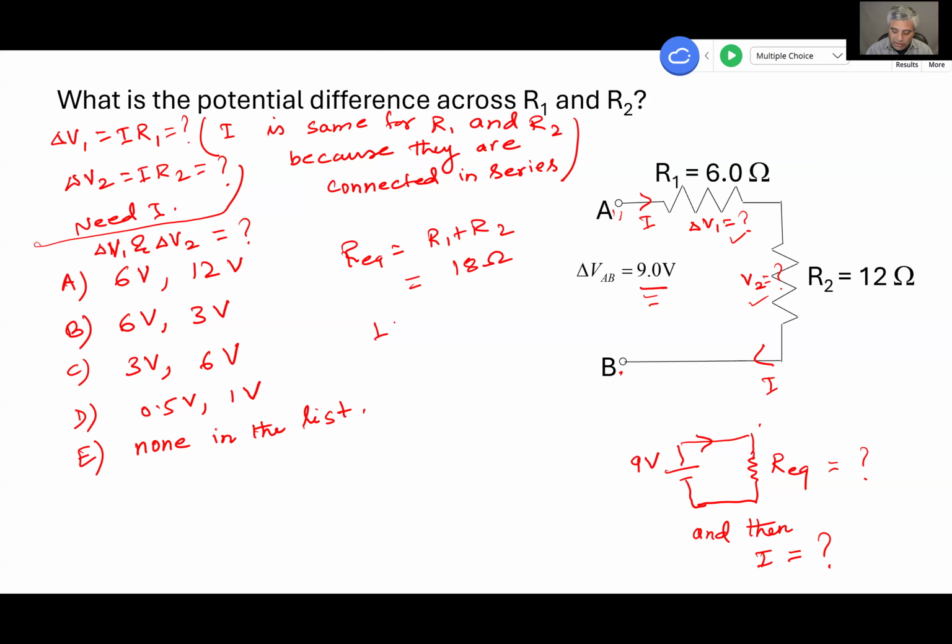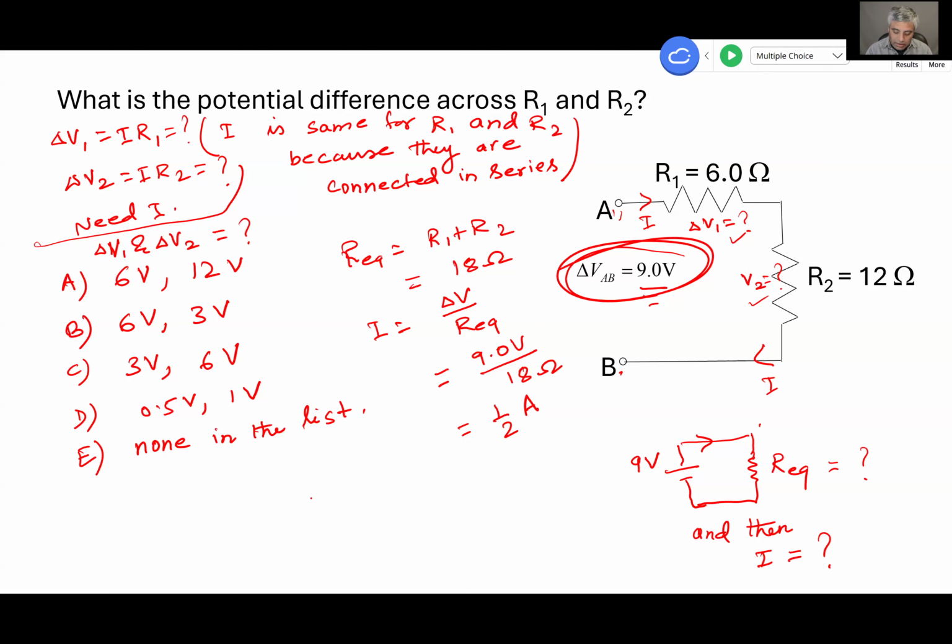Now the current is delta V over R equivalent. Delta V in this case is 9 volt, divided by 18 ohm. That gives us half an ampere.